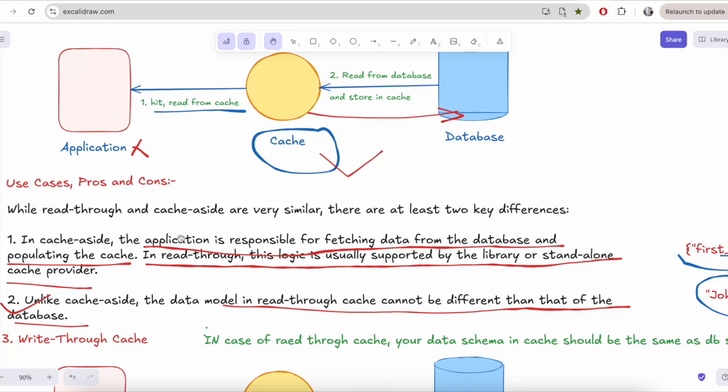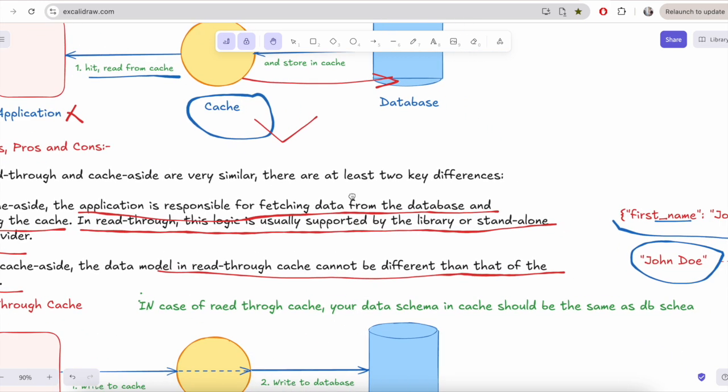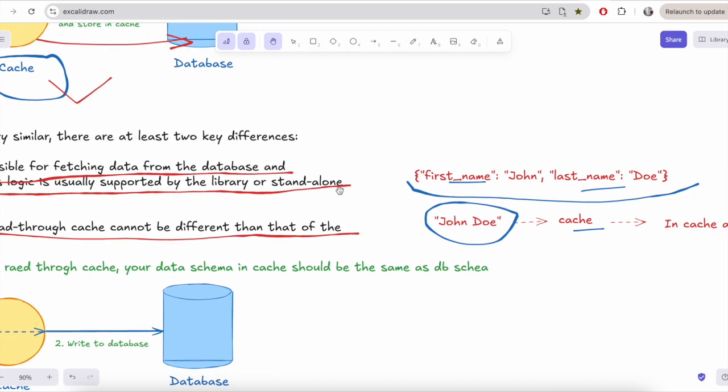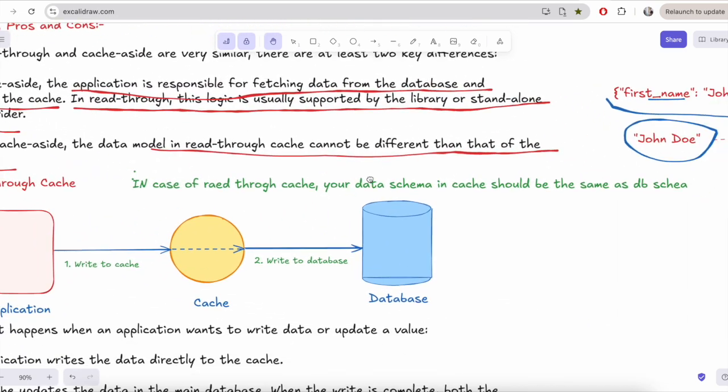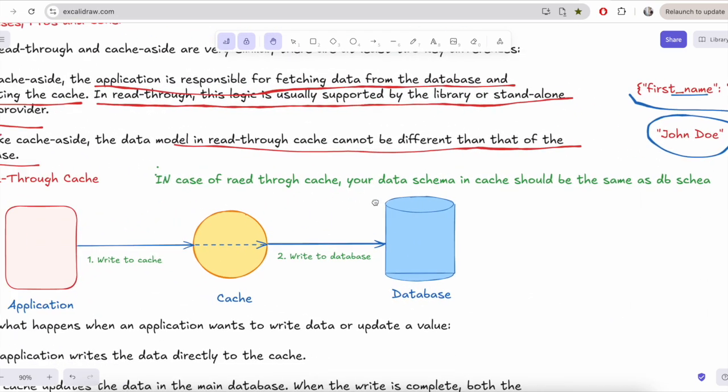It cannot be different. But in cache aside, as the application was the one, you can transform the data before putting it in the cache. So your data format in the database and in the cache can be different in case of cache aside, right? But in case of read through cache, it should be the same.